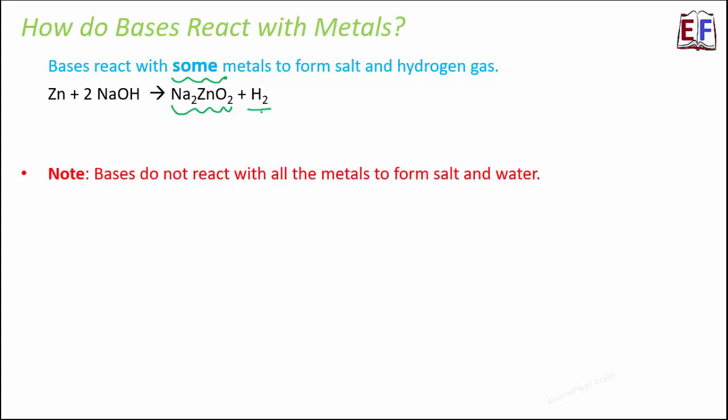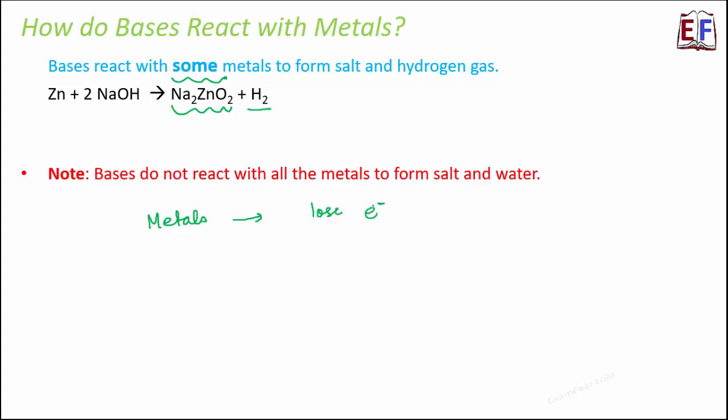Now this is an important point to be noted: bases do not react with all metals to form salt and hydrogen. If I ask you, can you guess why? Why is it that most acids react with metals to form salt and hydrogen, but it is not so with bases? Let's understand this. We all know that metals have a tendency to lose electrons.